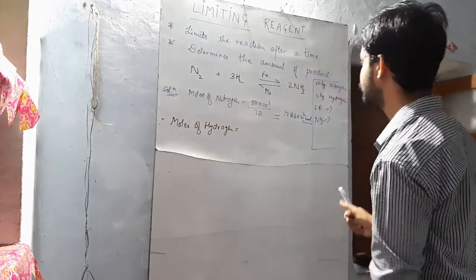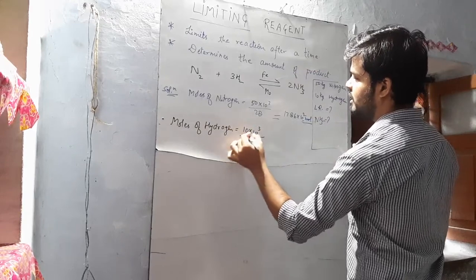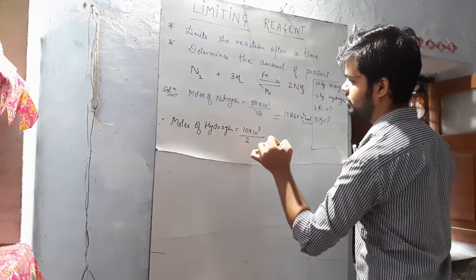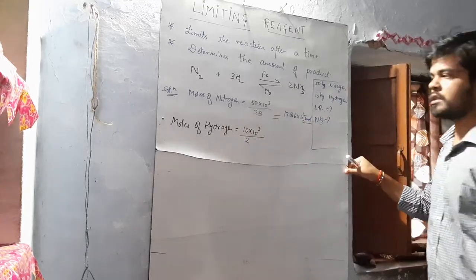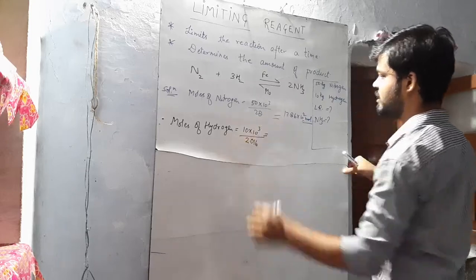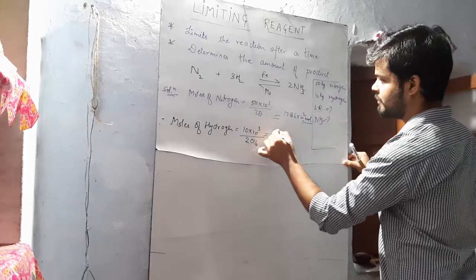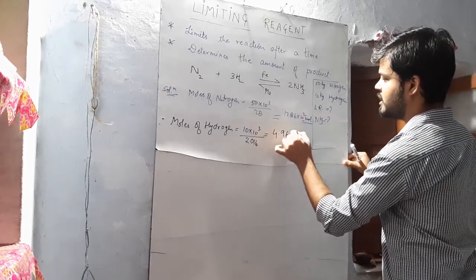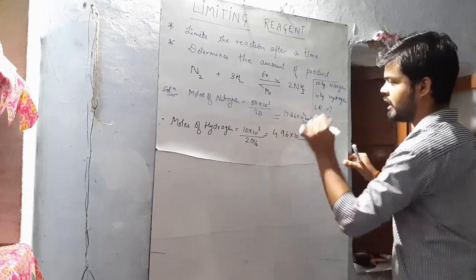And the moles of hydrogen is equal to 10 into 10 power 3 divided by 2.016, the molar weight of hydrogen gas. We are calculating it exactly, and this gives us 4.96 into 10 power 3 moles of hydrogen.